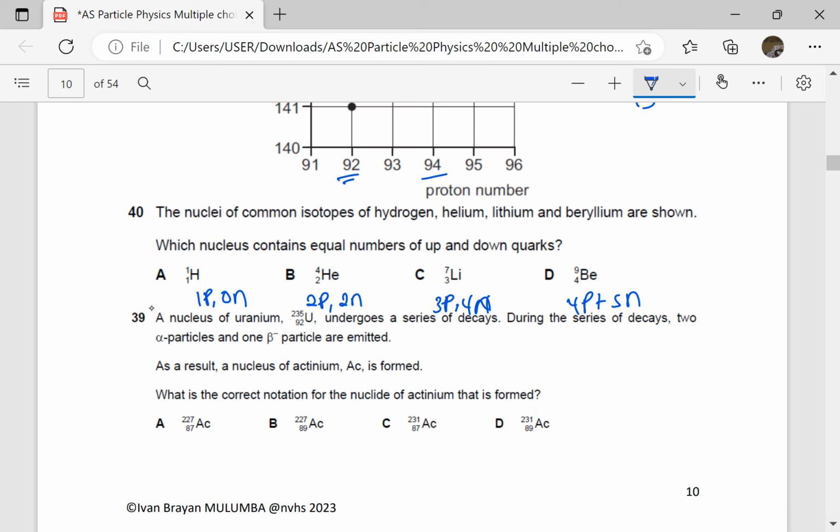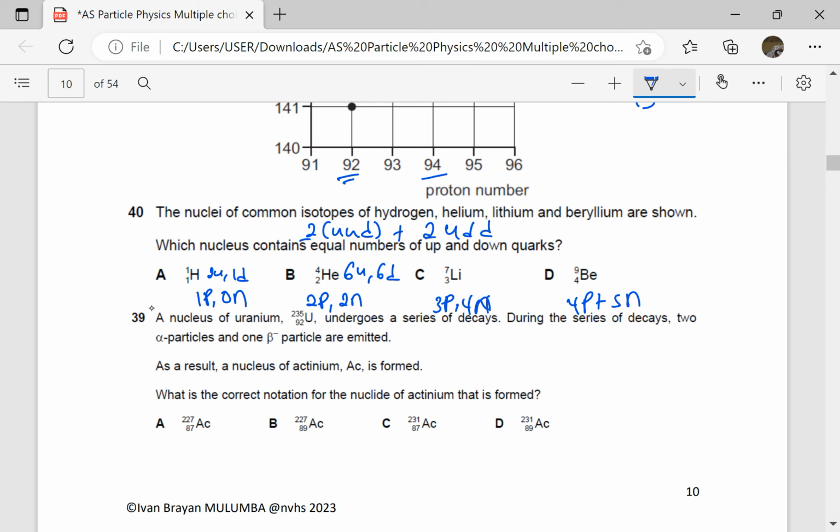So which nucleus contains equal numbers of up and down quarks? This one has 1 proton, those are 2 up quarks and 1 down quark. Then this one has 2 protons, that is 2 times up, up, down, plus 2 for 2 neutrons, that is 2 times up, down, down.